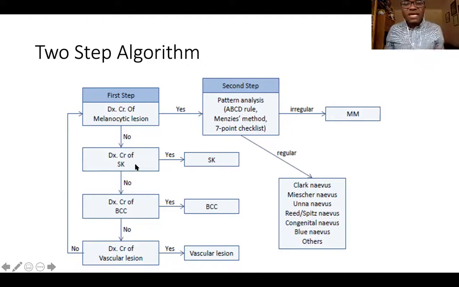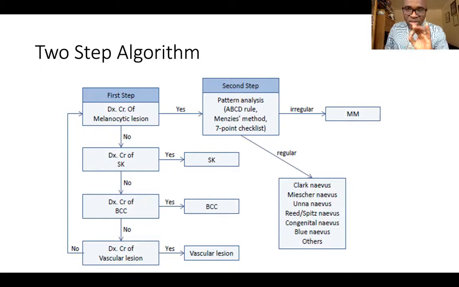When we come to the second step, we'll use different approaches in differentiating between a melanocytic lesion and a melanoma. In the second step, you're looking at pattern analysis of the individual lesion which has the melanocytic features.